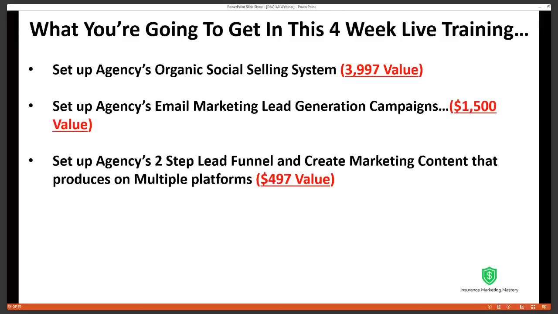Remember I said sales funnels that can make people buy sunglasses, right? No, these are funnels intended for insurance agents, right? And on top of that, we're also going to set up and create marketing content that can produce on multiple platforms. No more hard selling. There's going to be content out there, right? That builds a community, builds your reach.